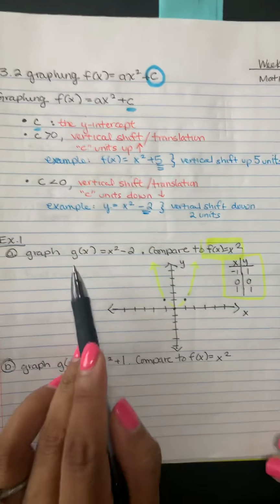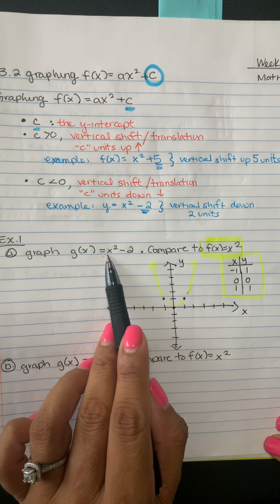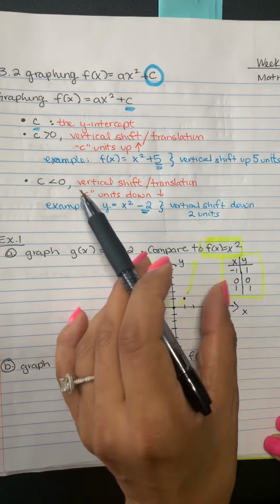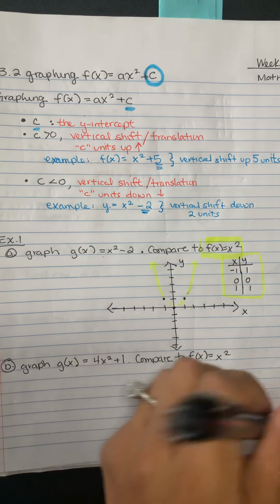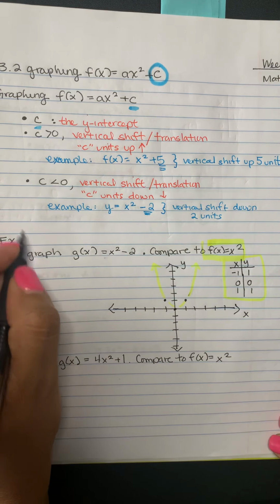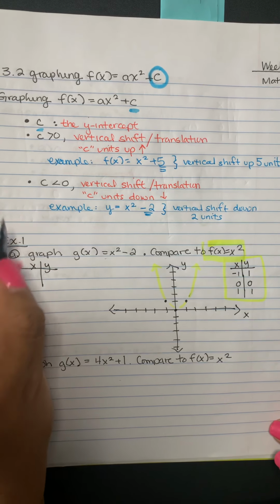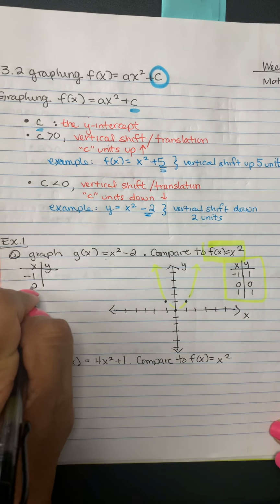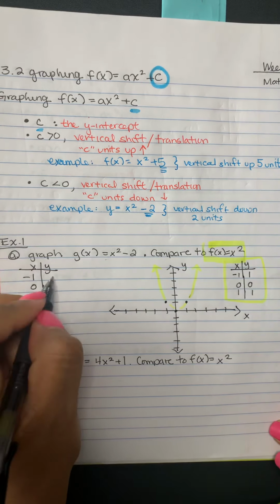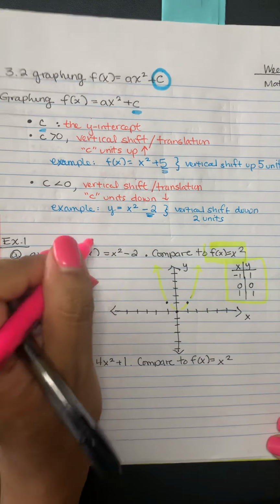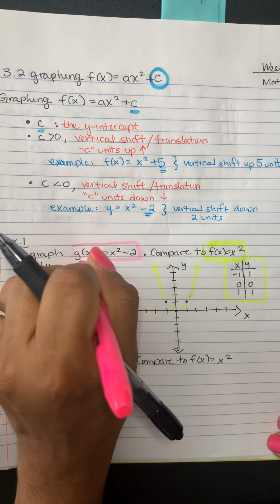Okay. Again, we know this is going to be opening up, but its vertex is going to be at -2. It's going to be dropped down 2 units. So what does that look like? It looks like this. We're going to use -1, 0, and +1. I'm going to use pink to graph this.